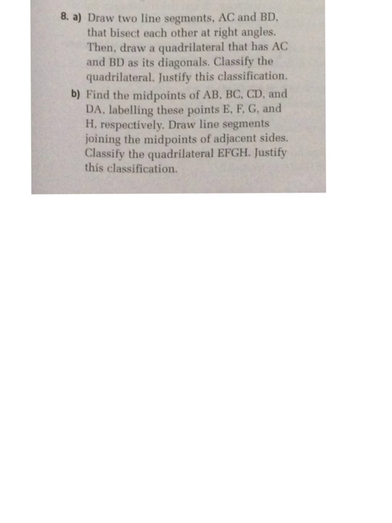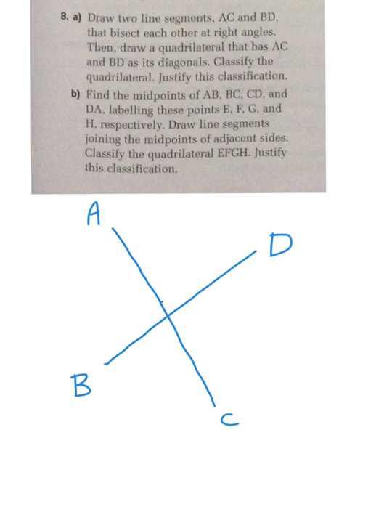Question 8 is a bit different. Draw two line segments AC and BD that bisect each other at a right angle. So I'll try and do my best here. There's one and there's the other. So AC and BD, and we know that the angle in between them is a right angle.